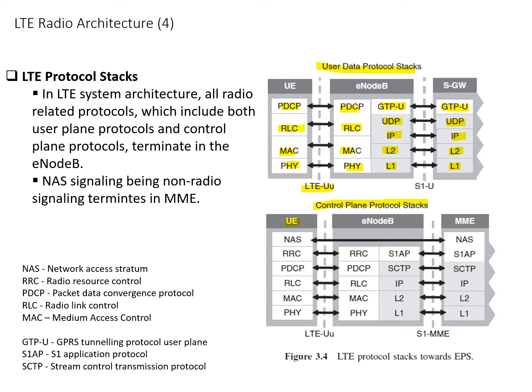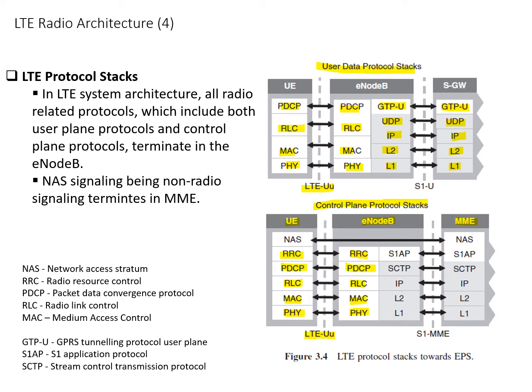UE, E node B, and MME. On this interface: physical, MAC, RLC, PDCP, RRC.